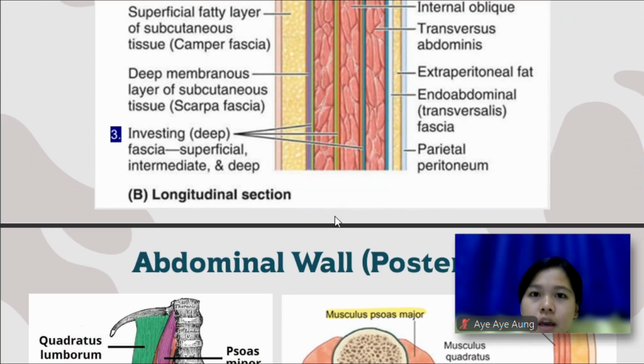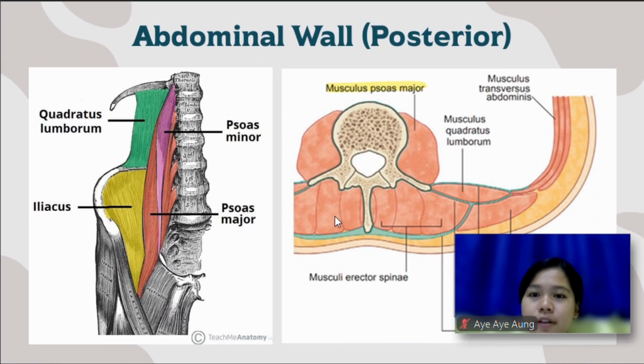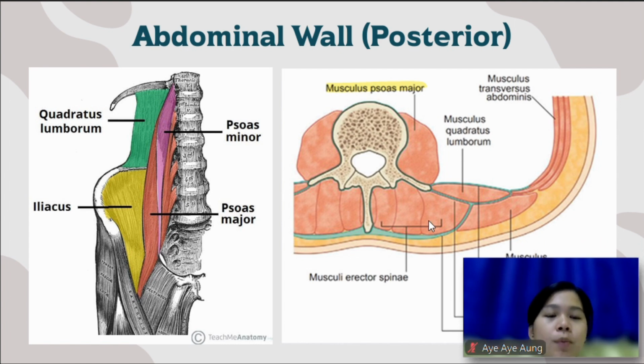Okay. And then we have the posterior abdominal wall. So the posterior abdominal wall is different. So the posterior abdominal wall is formed mainly by large muscles, which is the psoas major, which is this one, the psoas major, iliacus, sama quadratus lumborum.